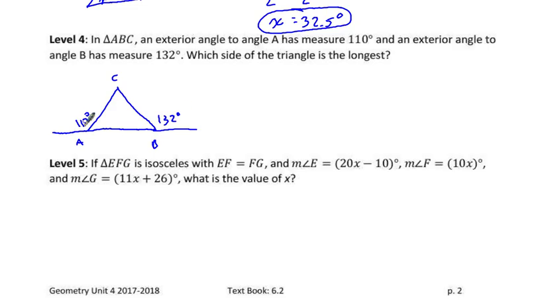So if this is 110, inside here is 70. 180 minus 110 is 70. Over here, angle B, 180 minus 132 is 48.